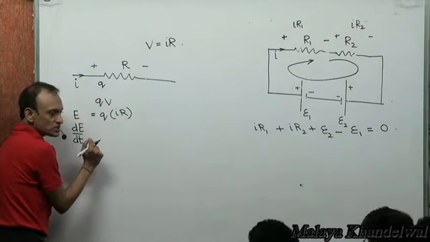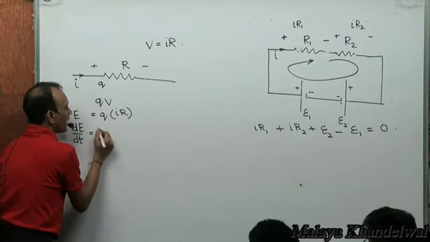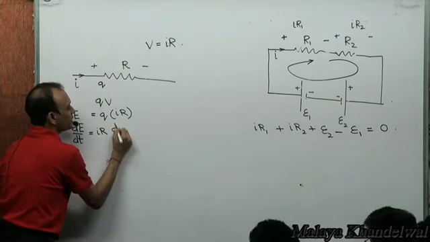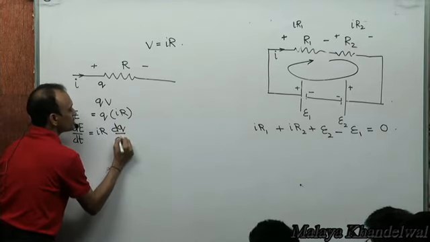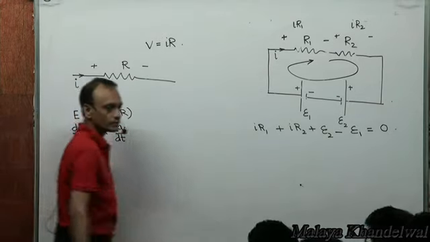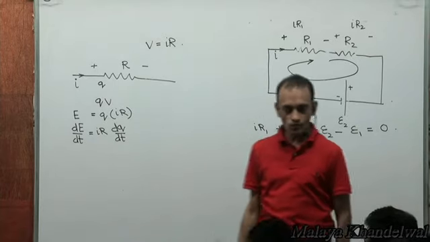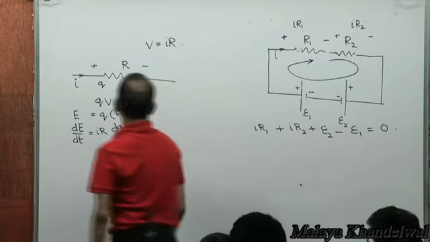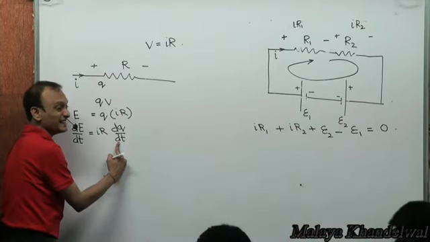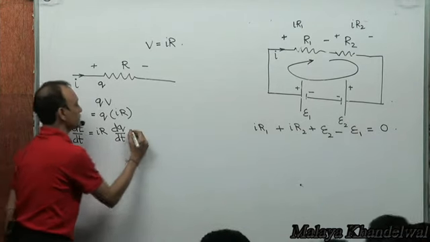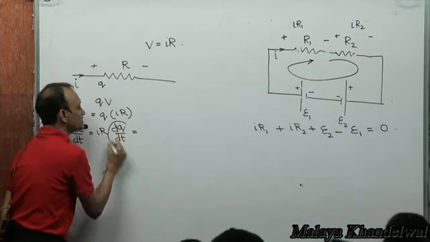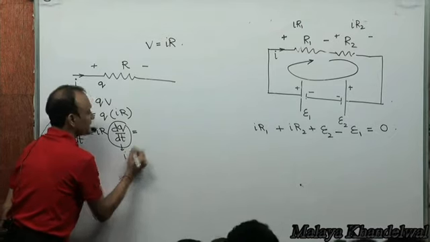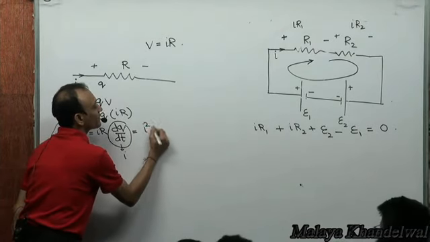I and R are constants, so this is like IR dQ/dt. But dQ/dt is what? dQ/dt is I. So if I replace dQ/dt by I, I get this as I squared R.